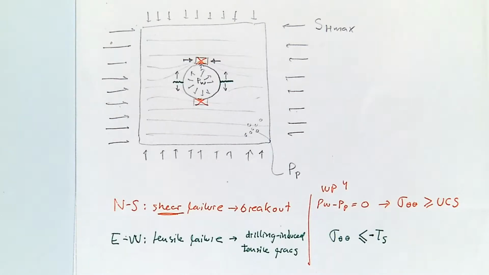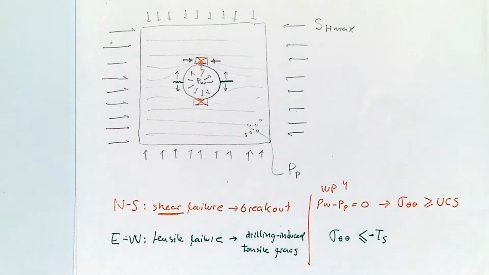What you could do is something like, if sigma is negative, then absolute value of sigma larger than tensile strength, failure. But you could also simplify that in one line, saying if sigma is equal to or less than negative tensile strength, tensile failure.